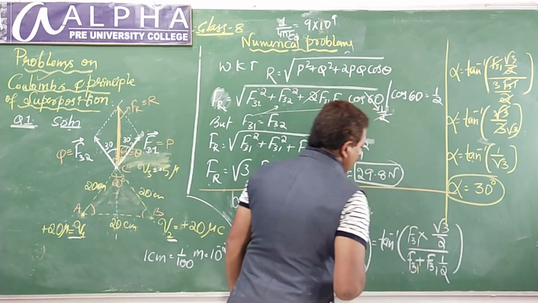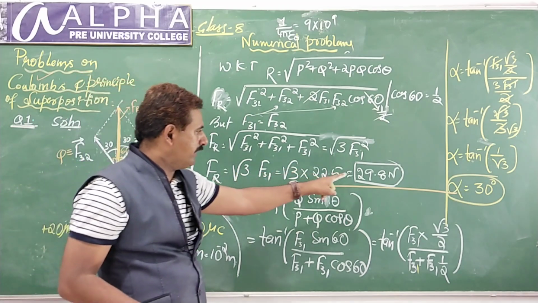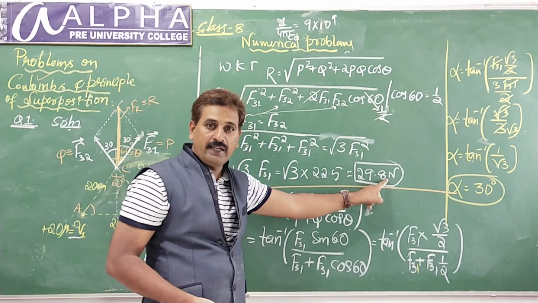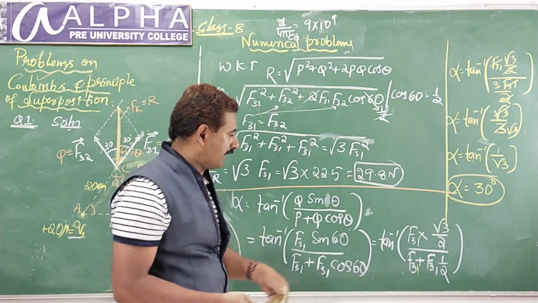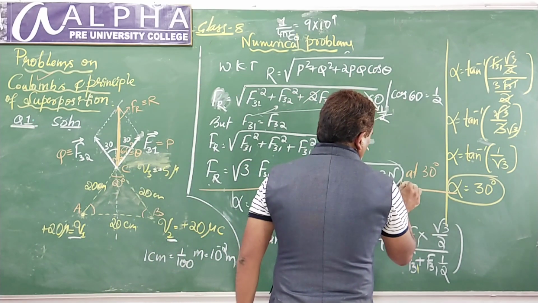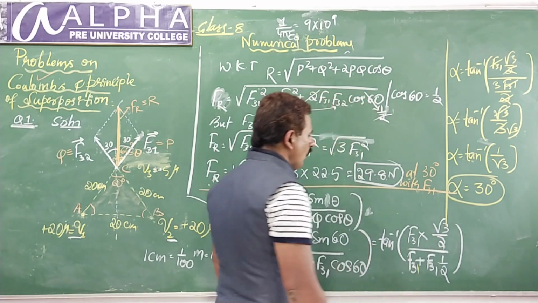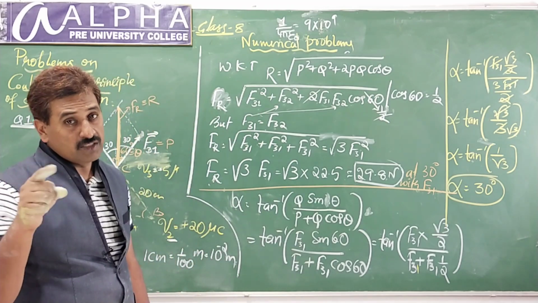Straight away you can write the resultant is 29.8 Newton at an angle 30 degree with either F31 or F32.